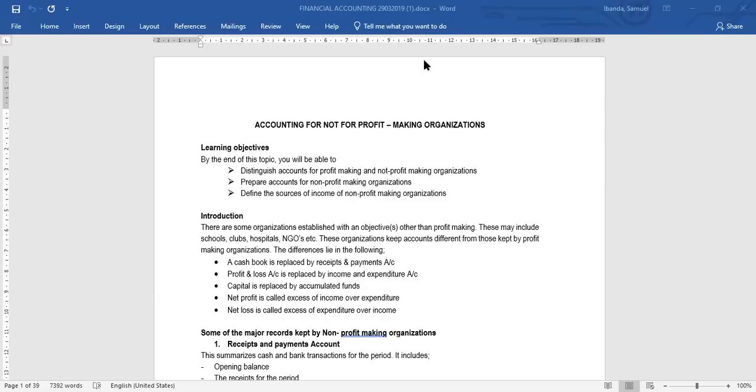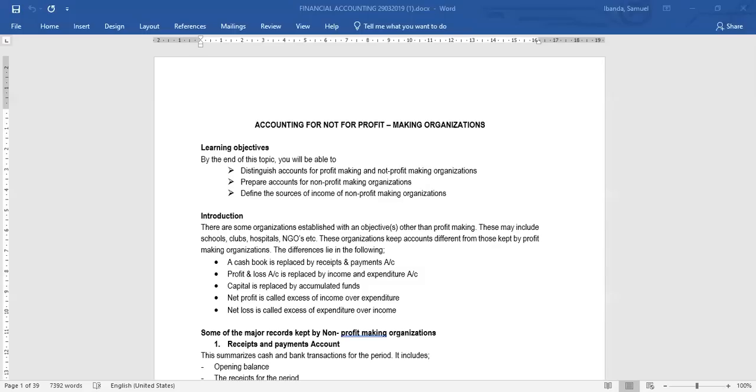Now, our next topics will be around going into detail. We are going to study how non-for-profit prepare their financial statements. We shall also study how manufacturing companies prepare their financial statements.